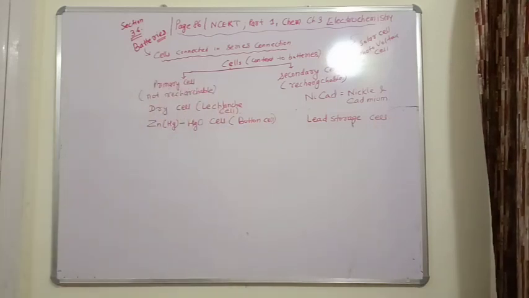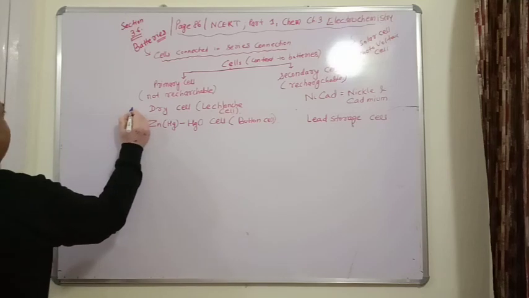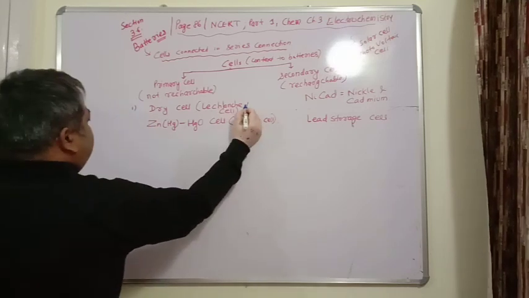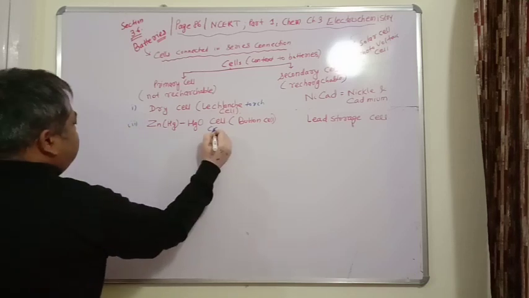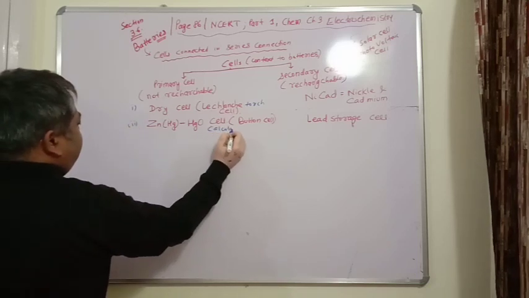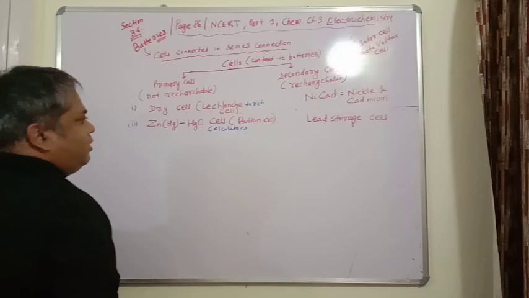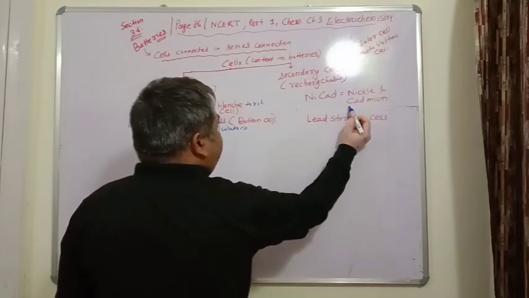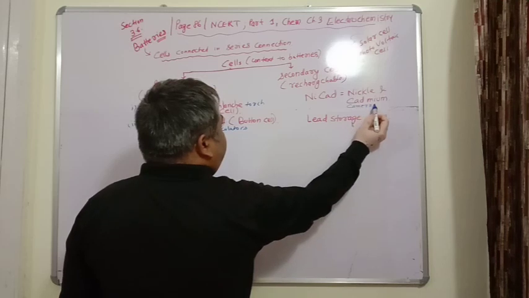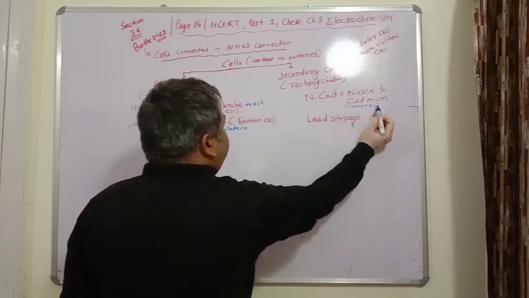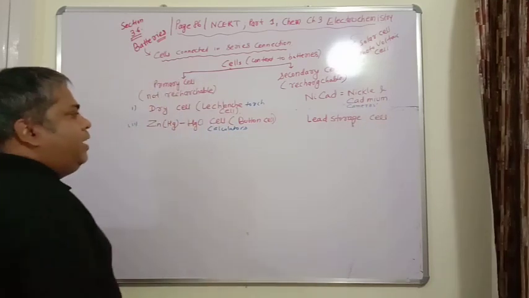Where are they used? This dry cell you will be seeing in a torch. This cell you will see in calculators, watches. This type of cell you might be seeing in cameras. But nowadays the modern cameras contain the same cell which is there in mobile phones.